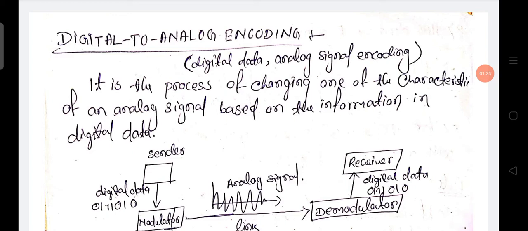In modulation we see there is a carrier signal which has a high frequency. One characteristic of that carrier signal is changed in accordance with the digital data which we want to send.